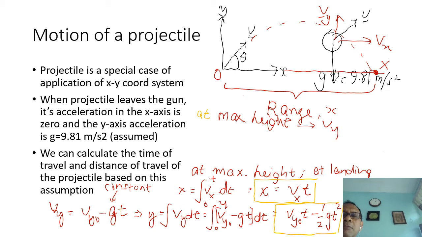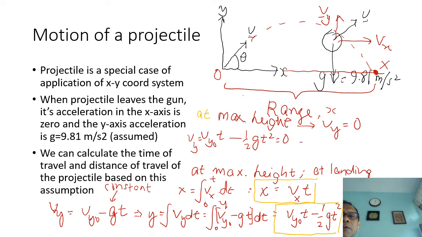Vy becomes 0. It has to stop, so we have a condition where Vy naught t minus half g t squared is equal to 0.